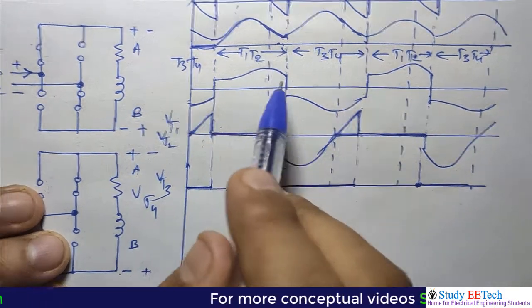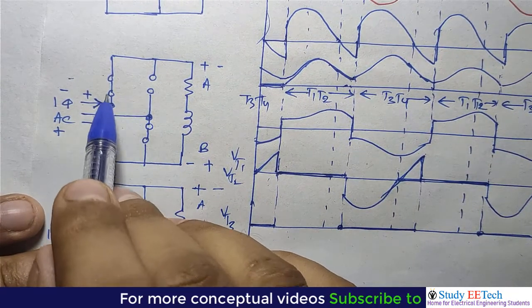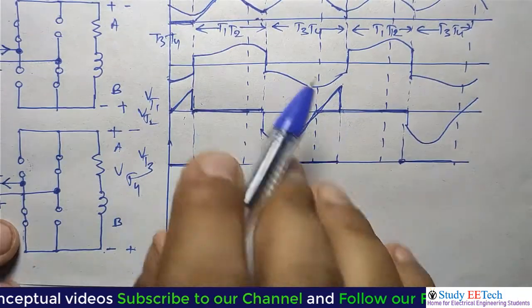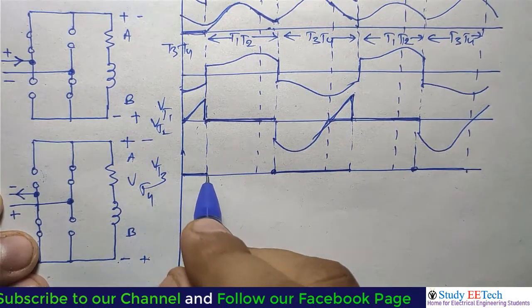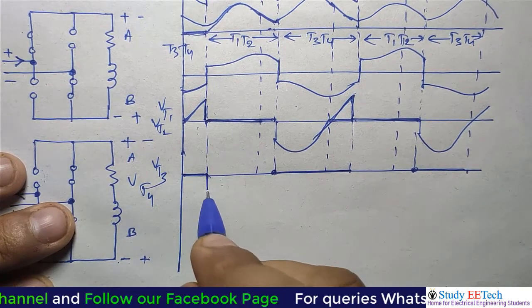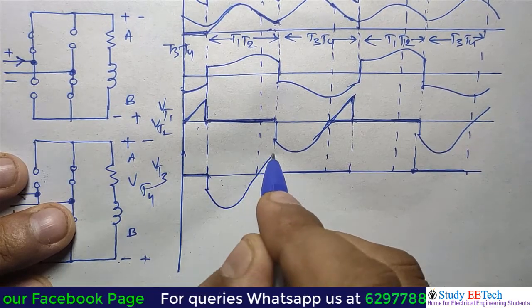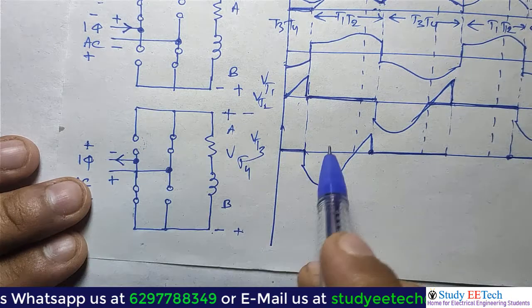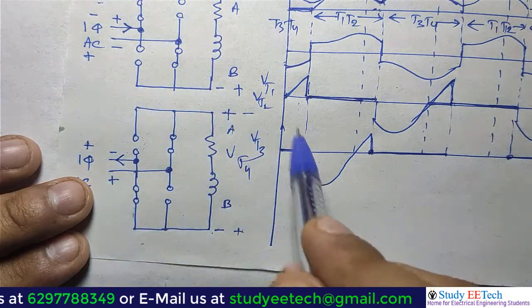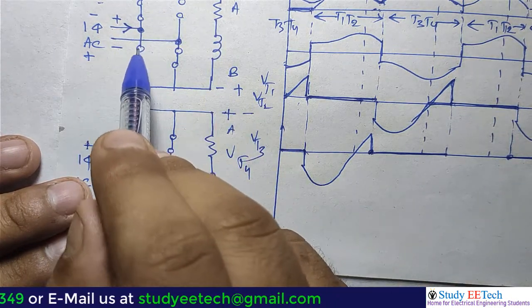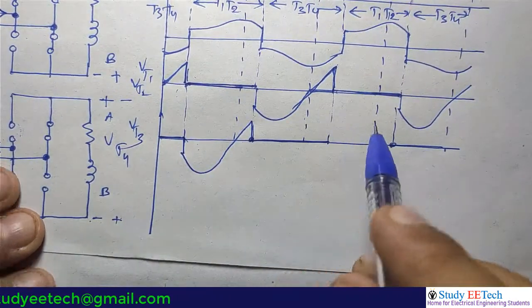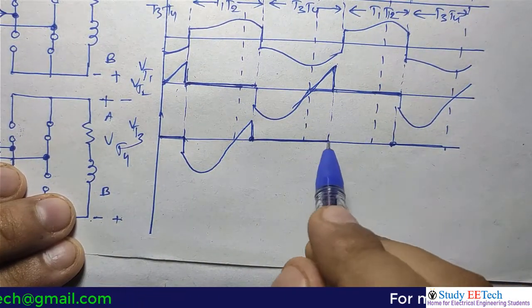Once T1, T2 is conducting, the equivalent circuit is this one. This positive voltage is appearing here and the negative voltage is appearing here. So we will get the voltages as this one. Okay, and similarly T4 can also be analyzed. I have just told about T3, and the same way you can think about this one. The positive voltage is coming and through this the negative voltage is coming. So this is the scenario.